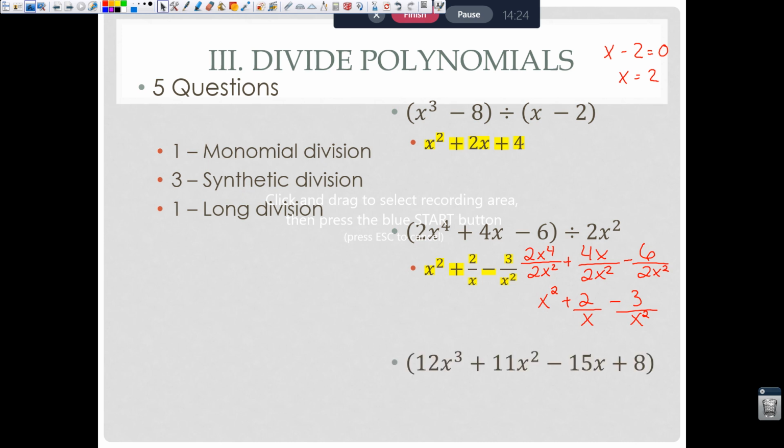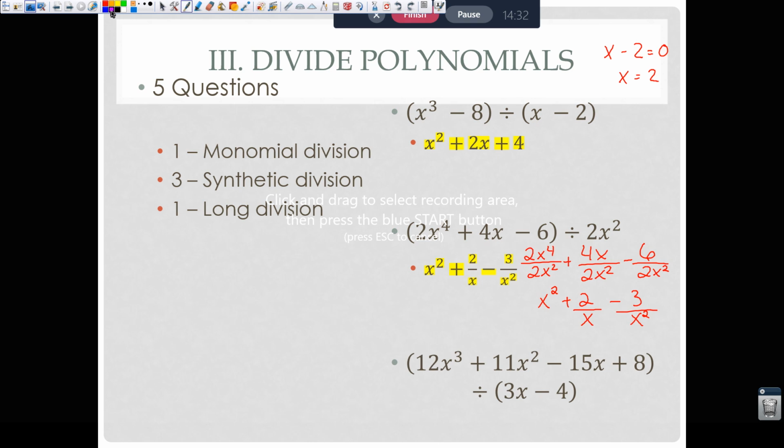Okay, long division. So in long division, this is just like normal long division, except we're going to have some variables. So I'm going to set up my dividend and put it inside of my division.